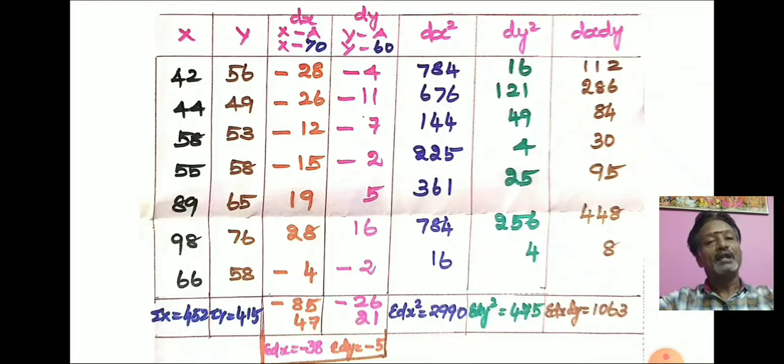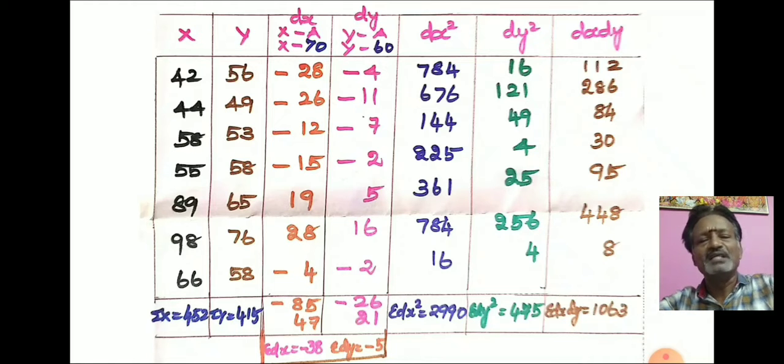If the x bar and y bar values are in fraction, or if any one of the values, either x bar value or y bar value, is in fraction, at that time you can go for the assumed mean method. When the x bar and y bar values are not in fraction, we go for the actual mean method. If it is in fraction, at that time it is easy for us to apply the assumed mean method.